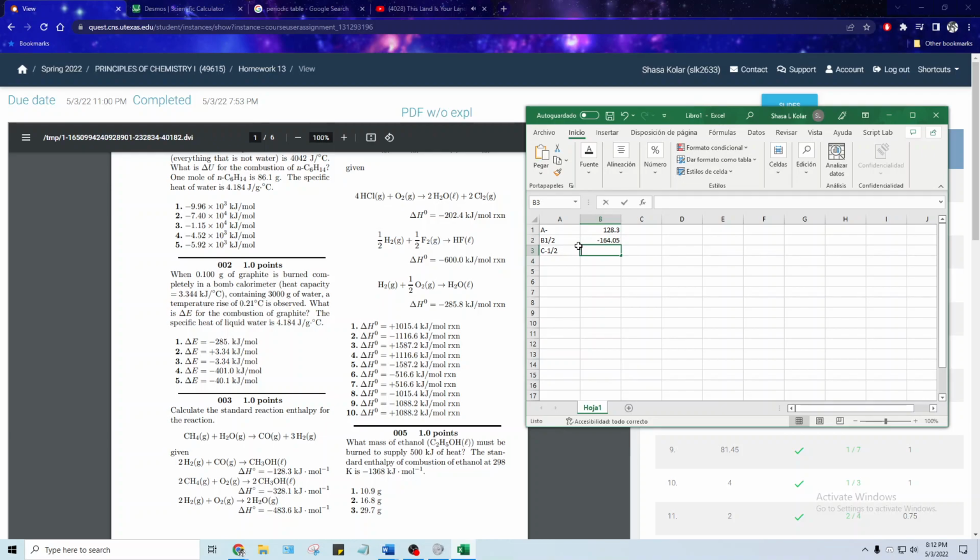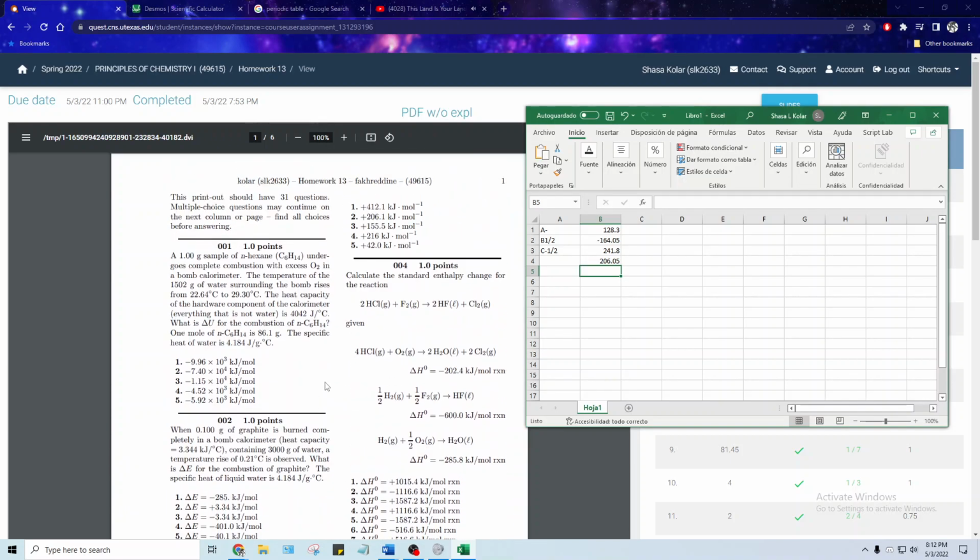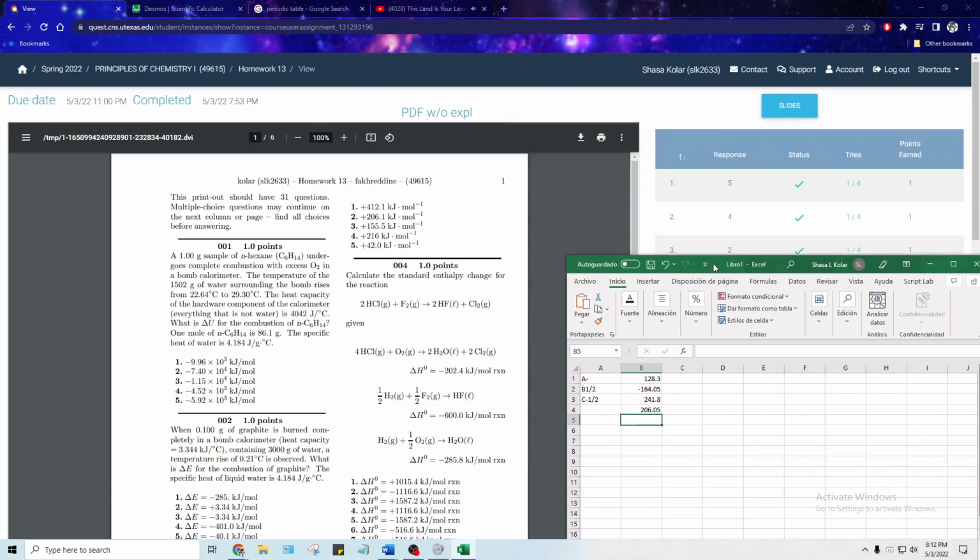And then this one is going to be positive and halved, so it's going to be 483.6 over 2. And then we're going to add these all up. Enter. So we get 206 kilojoules per mole. And then we can see it's going to be number 2. Is that correct? It is correct.